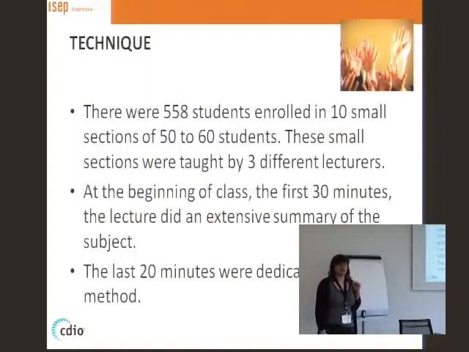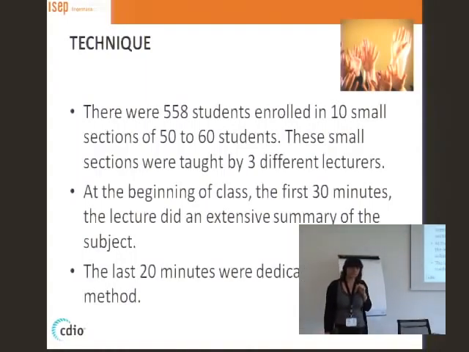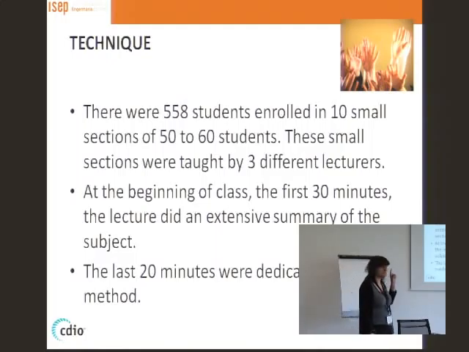The technique I use: the number of students is 558, enrolled in 10 small sections of 50 or 60 students. These small sections were taught by 3 different teachers, not all me.